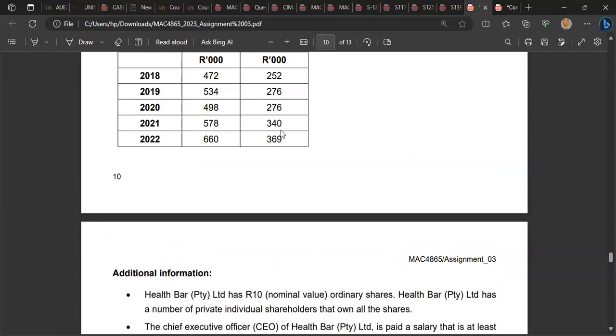Normally they would mention it, right? They would mention that these dividends are going to grow in line with how they.